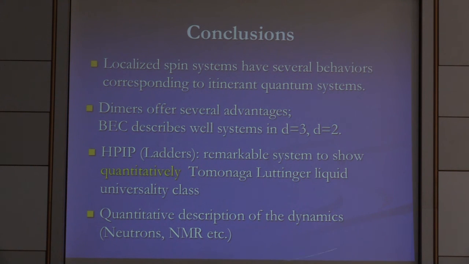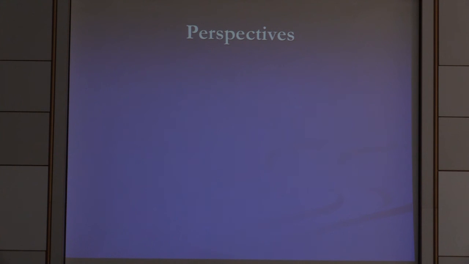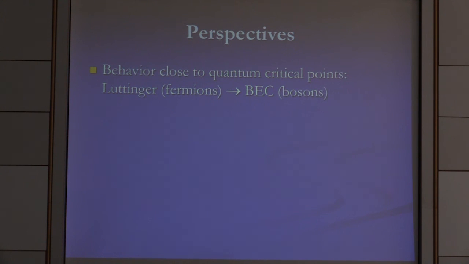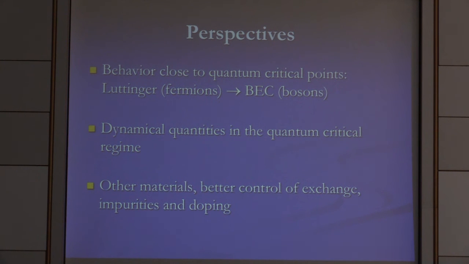We have on the theoretical side a pretty good handle on the correlation function, and we can now use this system to tackle really open problems. So among the perspectives I mentioned, behavior close to the quantum critical point, effect of dynamical quantities, and of course impurities.